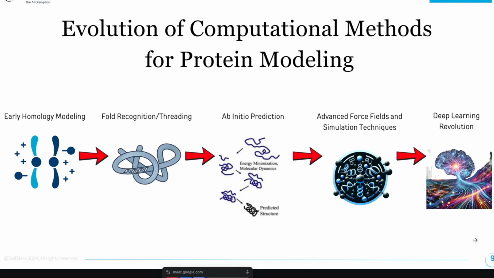The advantages of this are that it drastically improves accuracy and speed and can predict protein structures without even relying on experimental data. It democratizes access to protein modeling for biologists and researchers.